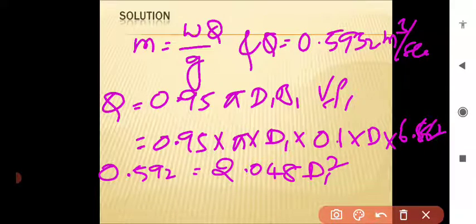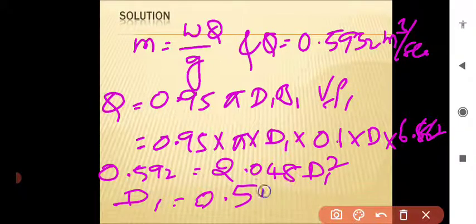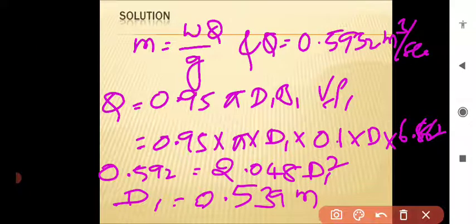So if you simplify it, you will get the d1 value. d1 is equal to 0.0539 meter. So d1 is equal to 539.09 mm.